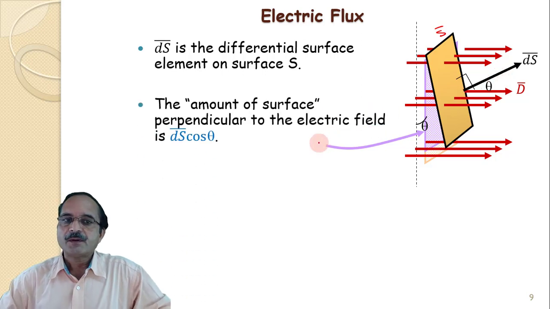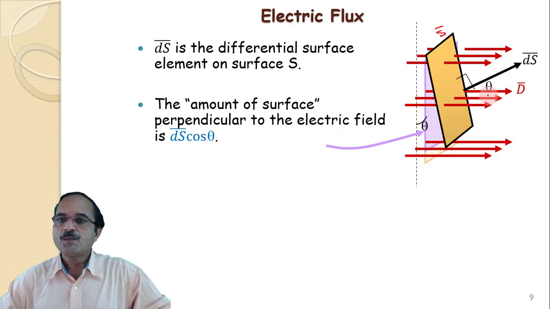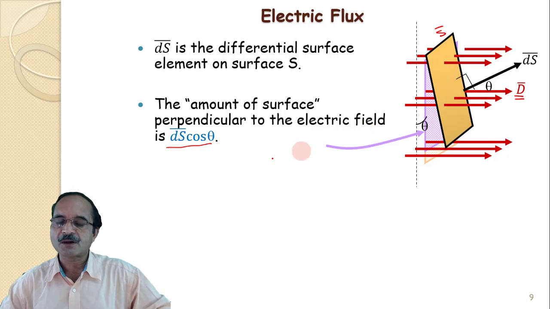So this is nothing but the component of the electric flux density in the direction of ds, which is D ds cos theta. Obviously, if theta is equal to 0, that means the surface is not tilted, all the flux is passing through this surface.